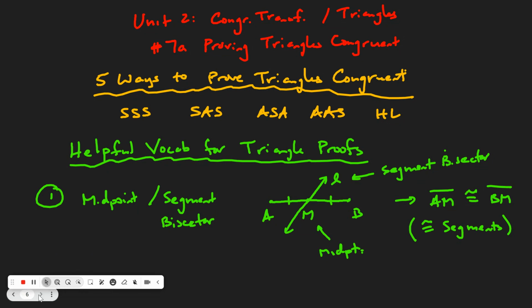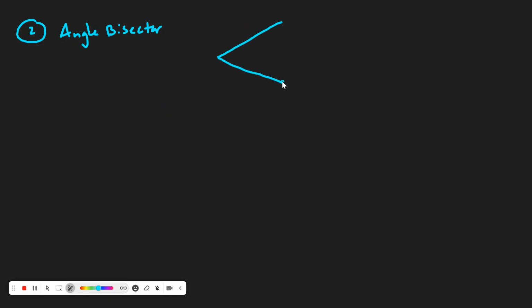Next, we have an angle bisector. Remember our friend, Mr. Angle Bisector. With an angle bisector, we take an angle and split it into 2 congruent angles. Say I have this angle, and let's use 3 letters: A, the vertex B, and C. Then I have a ray, typically an angle bisector is a ray, ray BM.